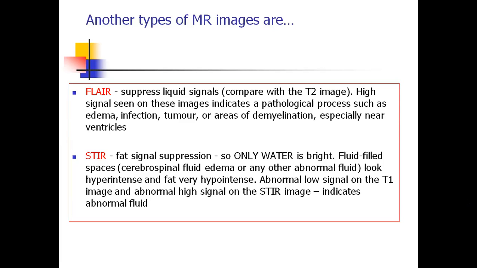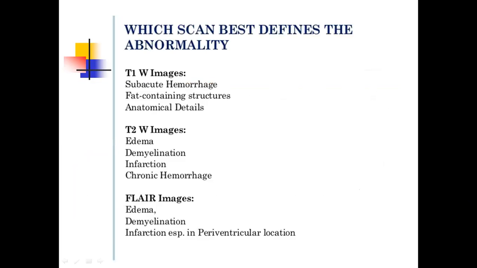Fluid-filled spaces, cerebrospinal fluid, edema, or any other abnormal fluid look hyperintense on STIR, and fat very hyperintense. Abnormal low signal on the T1 weighted image and abnormal high signal on the STIR image indicates a presence of abnormal fluid.